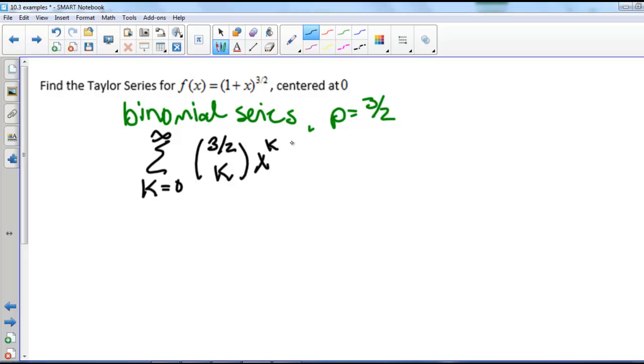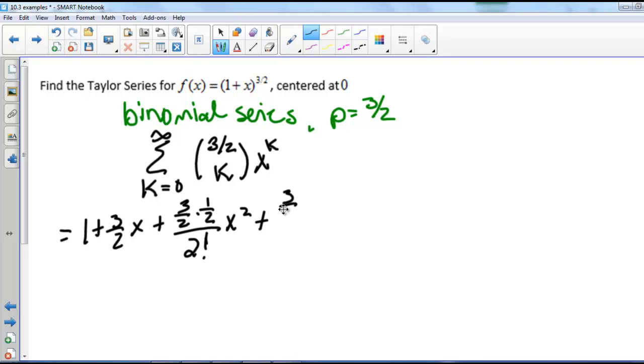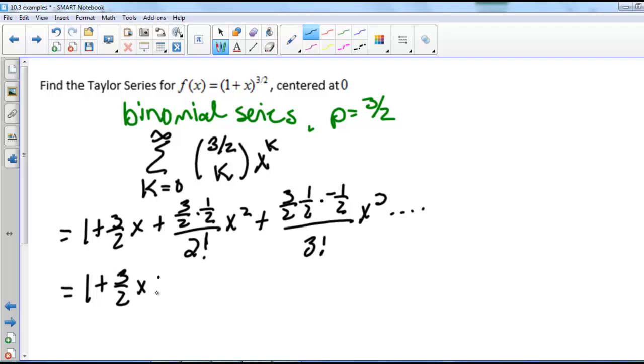And writing this out, it looks like 1 plus 3 halves x plus 3 halves times 1 half divided by 2 factorial times x squared plus 3 halves times 1 half times negative 1 half divided by 3 factorial x cubed, and so on. And when we simplify these, we get 1 plus 3 halves x plus 3/8 x squared minus 1/16 x cubed, and so on.